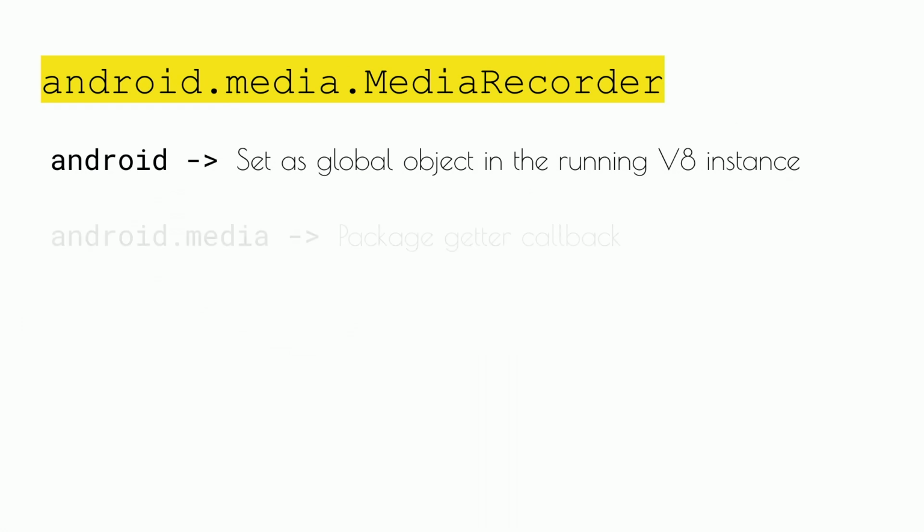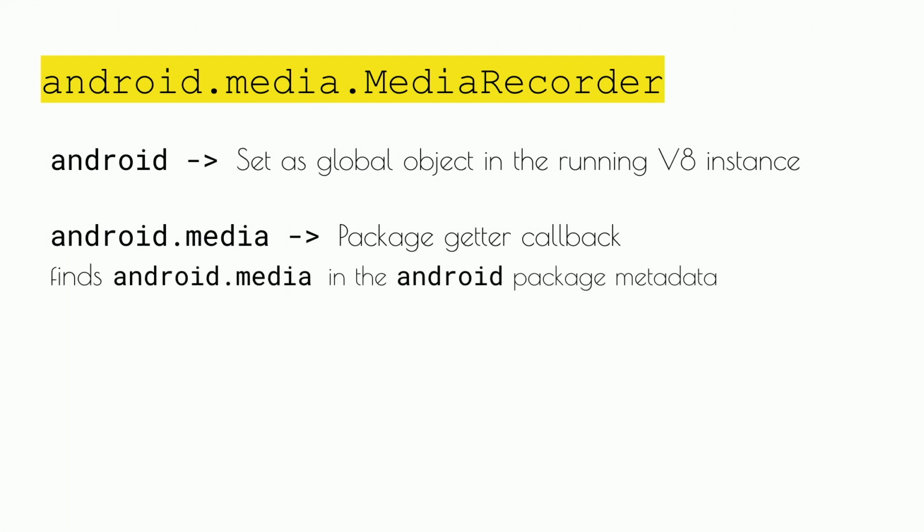And whenever somebody accesses some property on the Android object, for example, media, we query the metadata, and we find that media is yet another Java package. So we return a proxy object which has some properties, again with some callbacks.